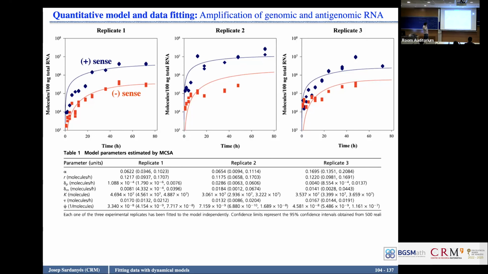But it is true that, for example, here for the negative sense strands, we have no data. At the end, this shape here largely depends on this process here, assuming that this is exponential growth, we have competition. But this is a good point. I think it will not change a lot, but it could be used, for example, to compensate these things. Because here, if we give more weight to this one, probably this fitting would be better.